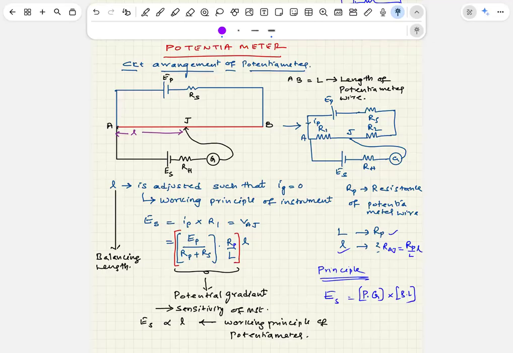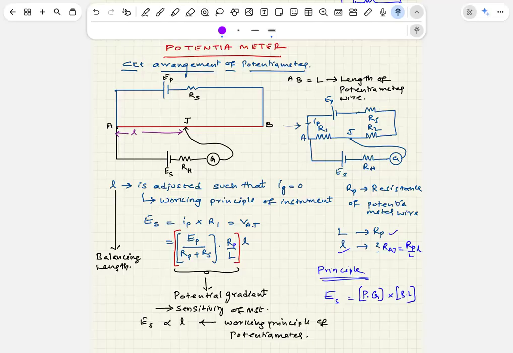The sensitivity of the instrument. Anytime I am speaking about sensitivity, it means cause and effect. Two things will be there. Here, ES is the cause, and this drop is the effect.